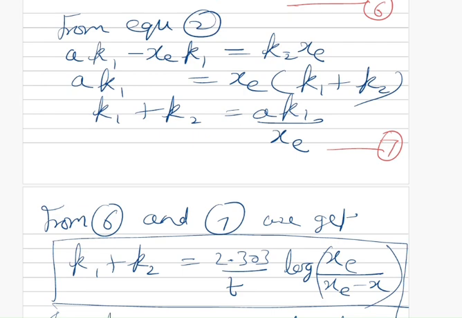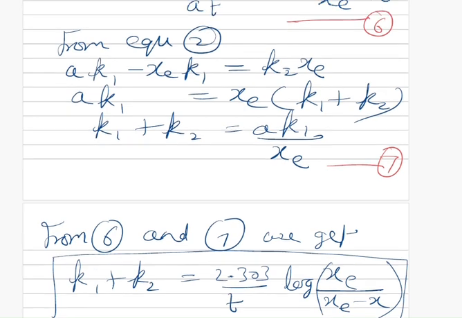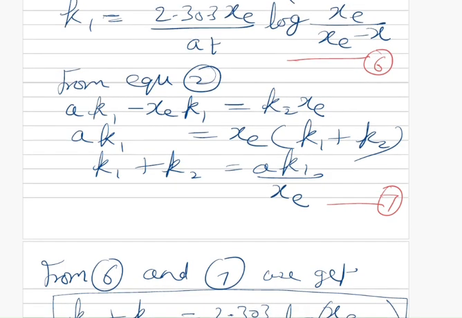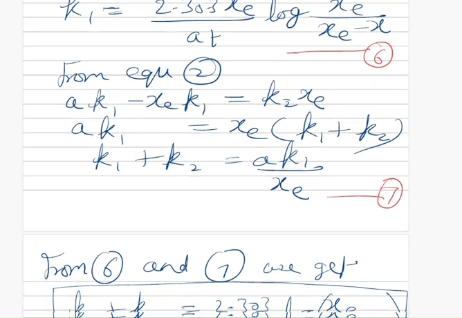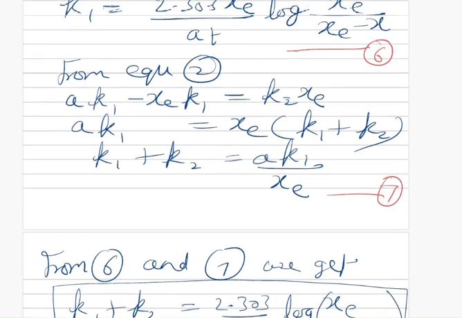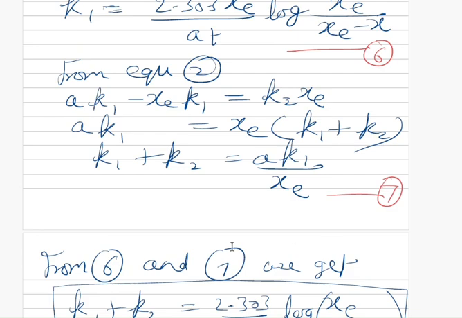So from 6 and 7, we get the value of a1 in equation number 6, and k1 plus k2 is equal to so much from equation number 7. So from 6 and 7, k1 plus k2 is a k1 by xc. K1 is coming from equation number 6.